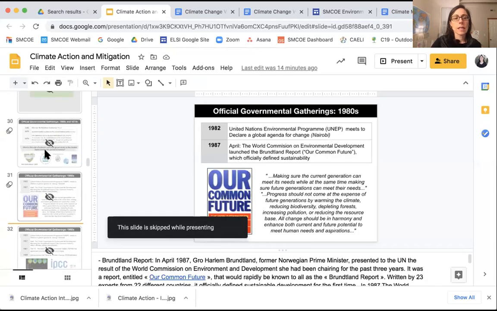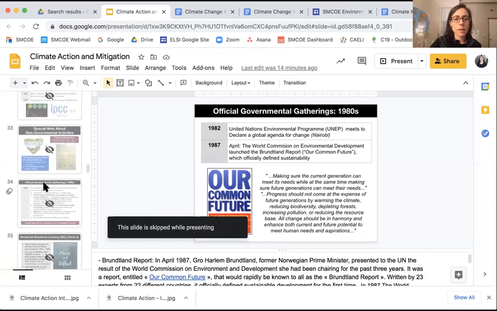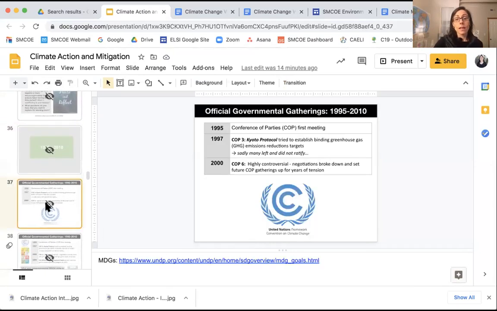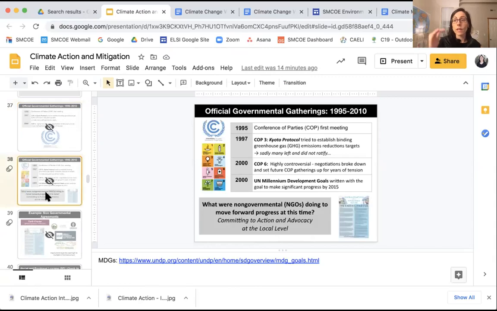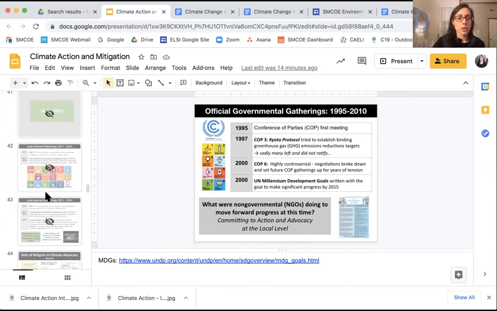That includes things like Earth Day and when the definition of sustainability came into place. Jumping ahead to 1995, that's when the Conference of Parties and the United Nations Convention on Climate Change began. Then it goes through a bunch of the different Conferences of Parties, the ones that were successful and the ones that were not.